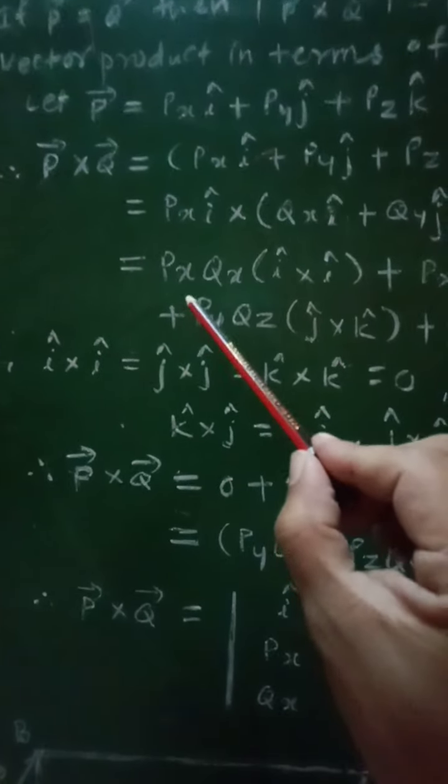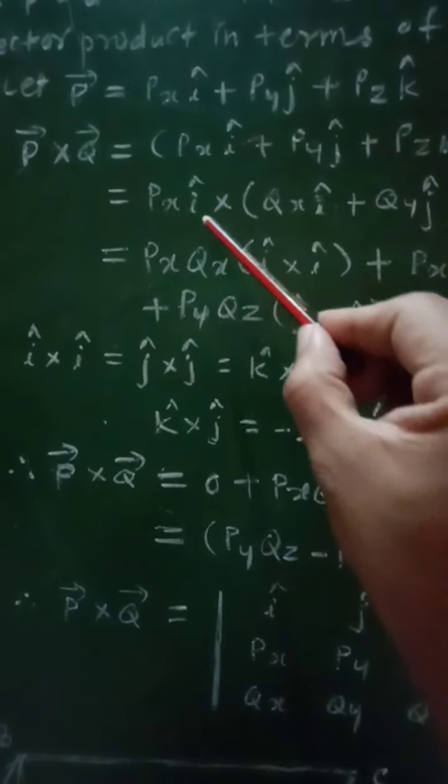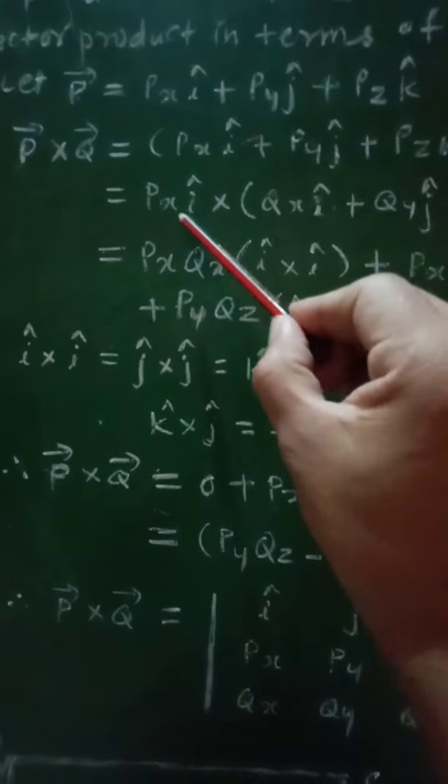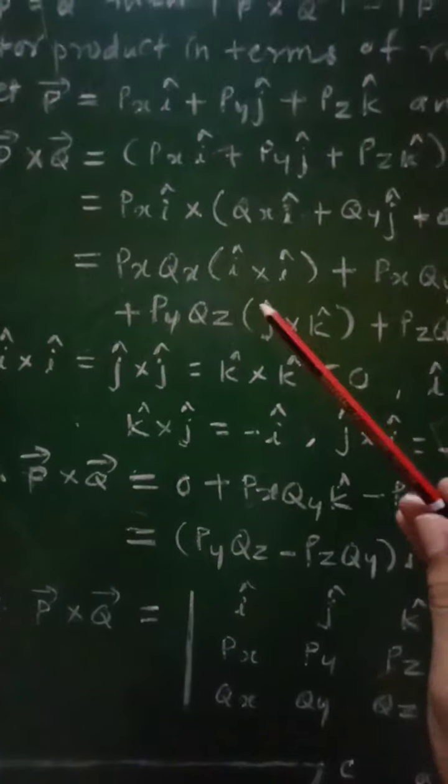So all the three terms of vector P are multiplied by the three terms of vector Q, so that this will be written as Px Qx i cap cross i cap. So all the terms will be written in this form.